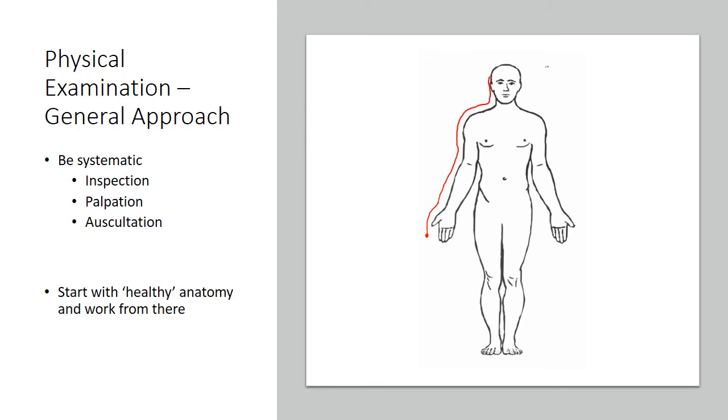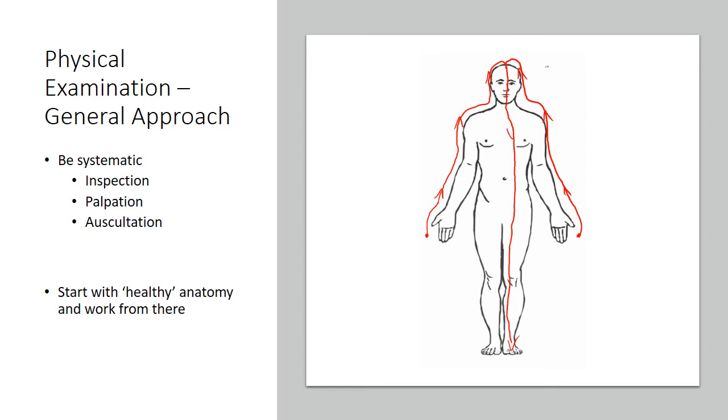Then we get to observing and inspecting the face, and back down onto the neck. We can then go onto the chest, carry on down through the chest and to the lower limbs. That includes both sides of the patient, so I'll just try in this direction as well. So I find that this is a really useful way of remembering this physical examination.